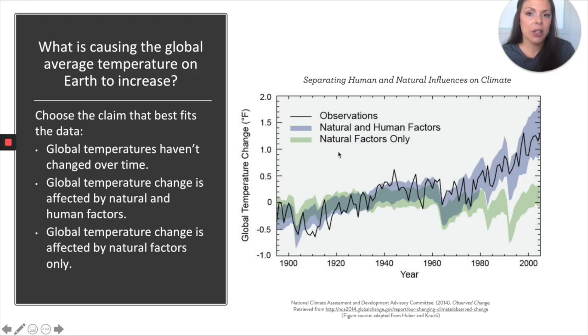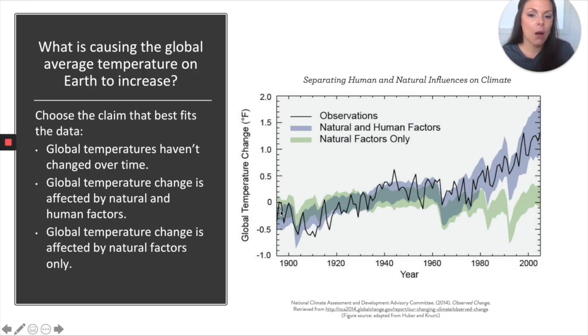When I take a look at this graph, I pretty quickly notice that the black line, the observations of temperature, and the purple shaded line of the natural and human factors together closely mirror each other. They look very much alike. What I do notice is that the green shaded line doesn't follow that same pattern.